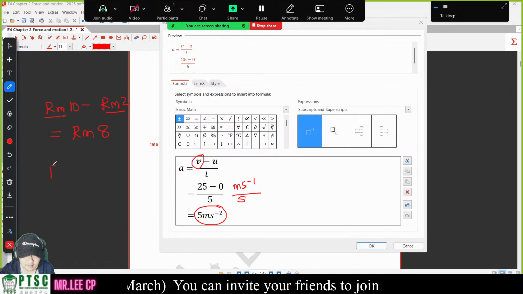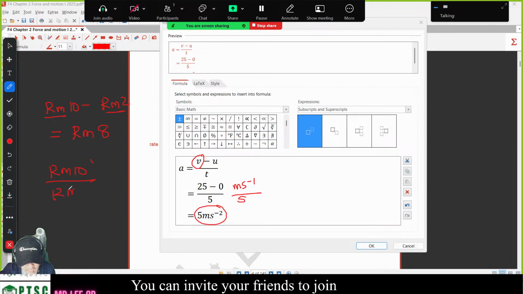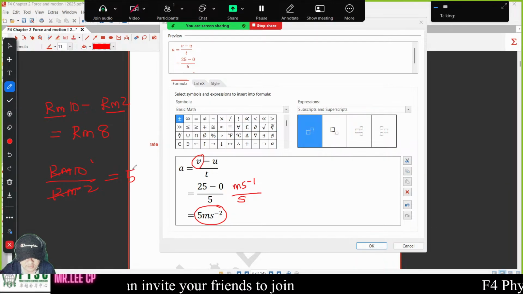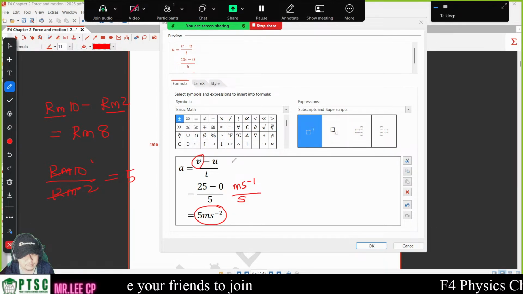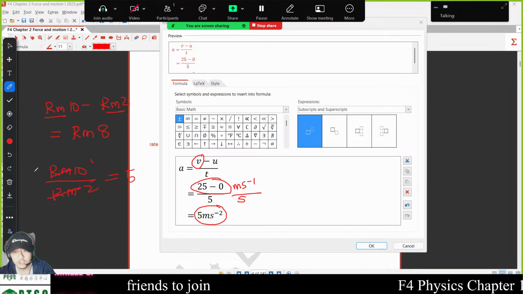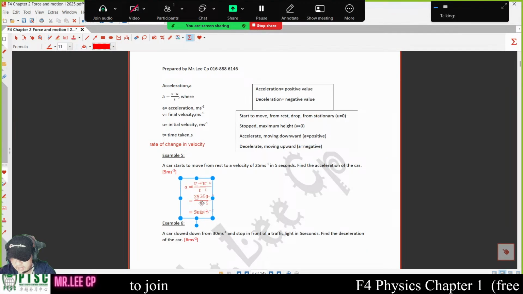But RM10 divided by RM2, you cancel the RM, so it is 5. Divide will cancel the unit. So plus minus will not change the unit here. So this answer is 5 ms negative 2.